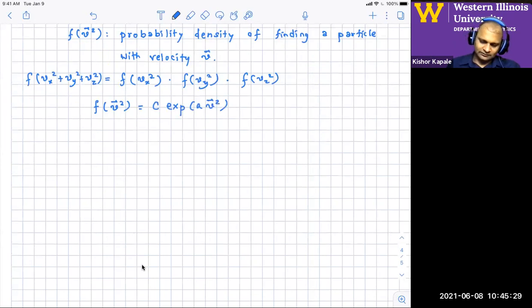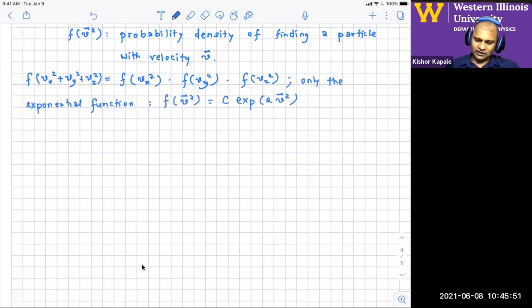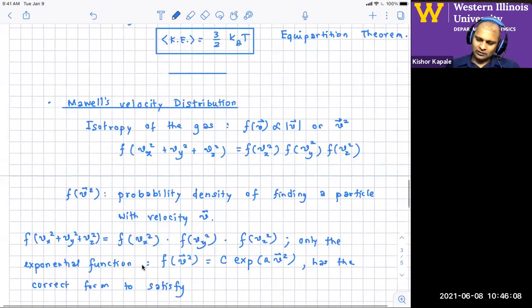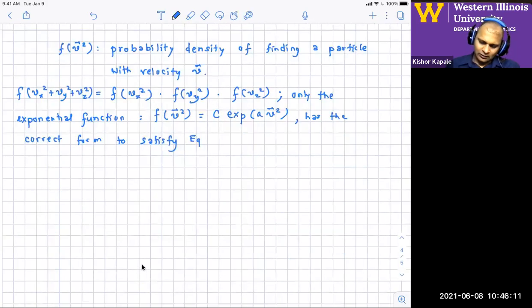Only the exponential function has the correct form to satisfy, let's call it equation 1. Would you agree with that?